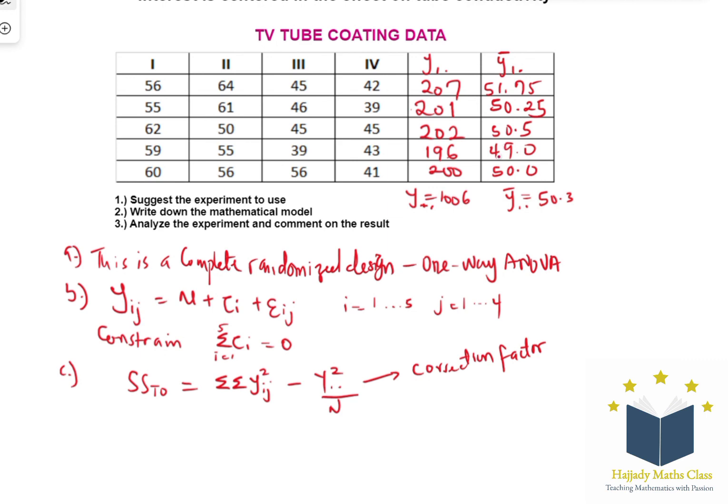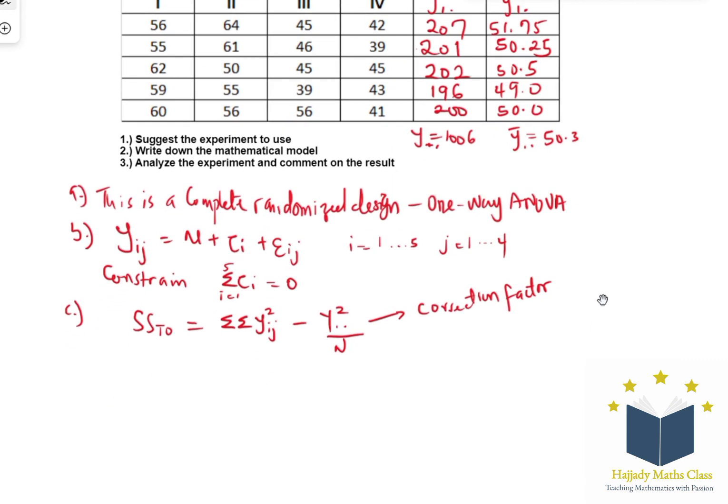Now coming back to my sum of squares total, the summation of Yij all squared means that we are summing each of these observations, that is 56 squared plus 64 squared, up to the last observation, which is 41 squared.